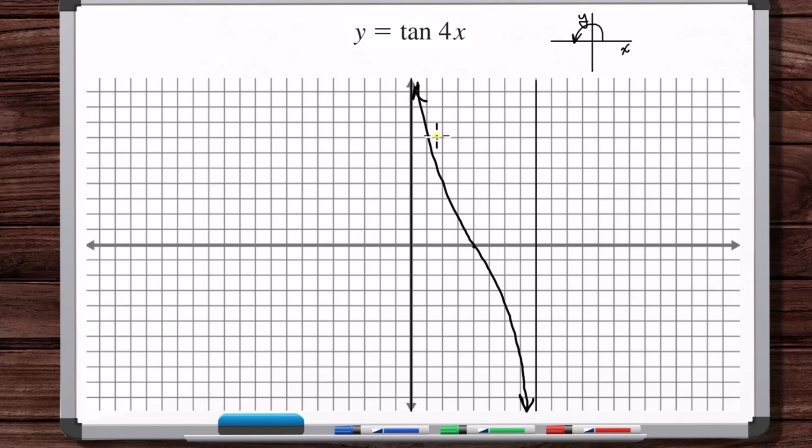Now we'll have those guiding points, so we'll be able to tell from the points we plot if it's like this or whatever. But still, it's good to think about the basic starting orientation of tangent and cotangent.